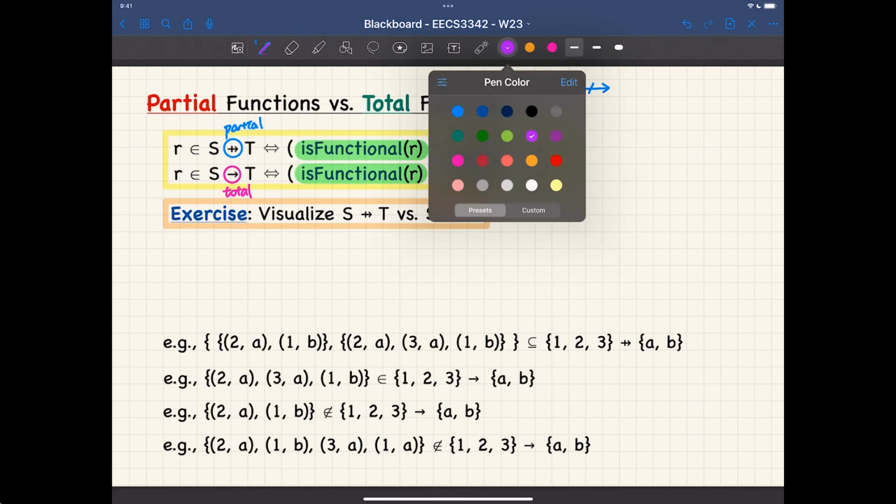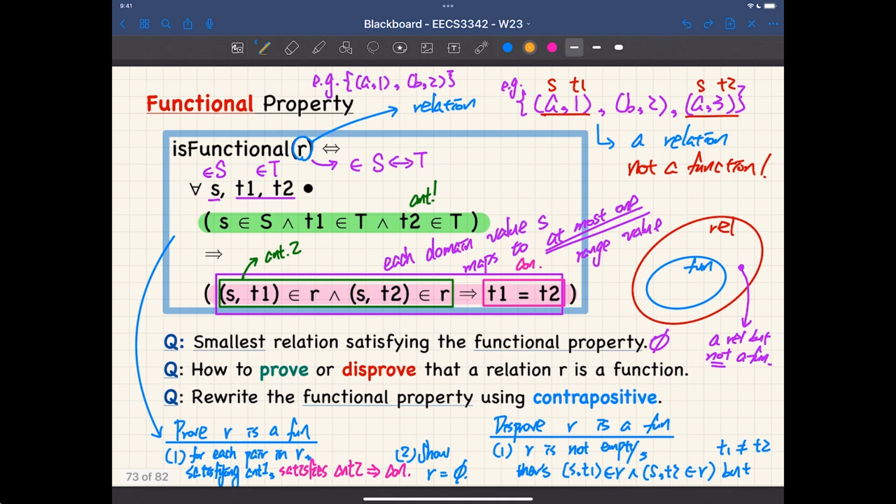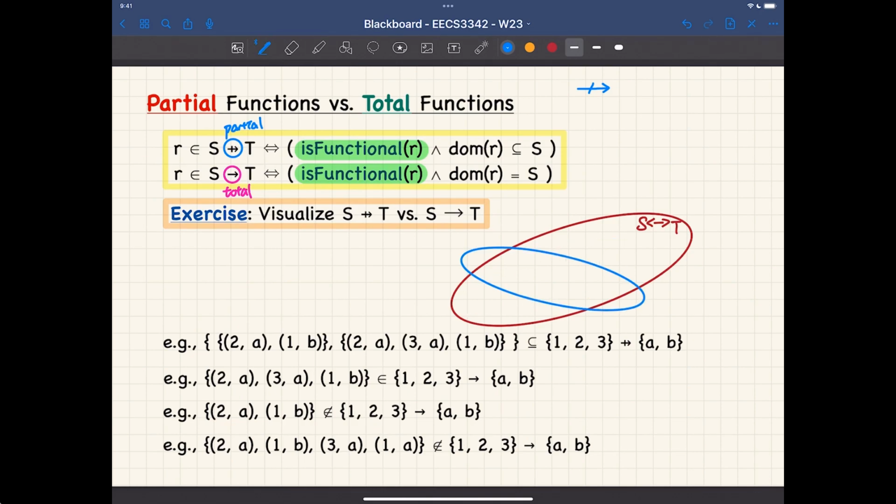What's going to happen is, let's do it this way. Let me try to expand the picture I drew before the break. All right? Let's say what we have is this. If we have this very big set over here, that's simply the set of all possible relations. Only those that satisfy the functional property should be called a function, right? And every function there is a partial function.